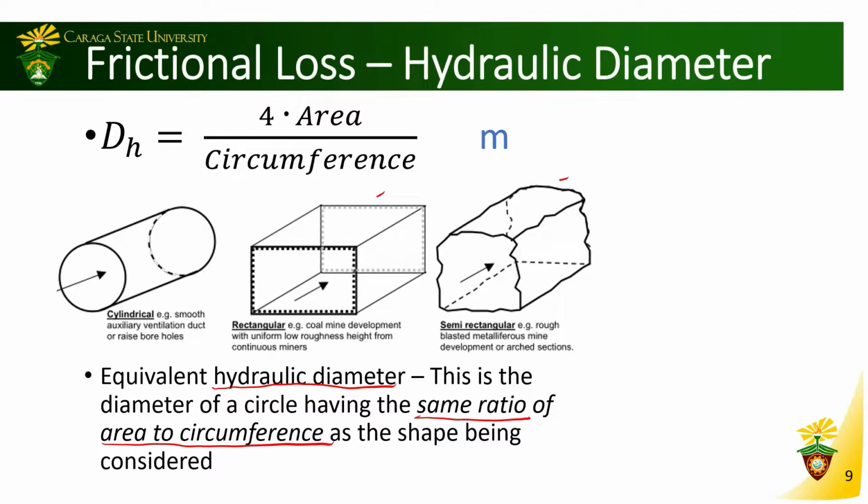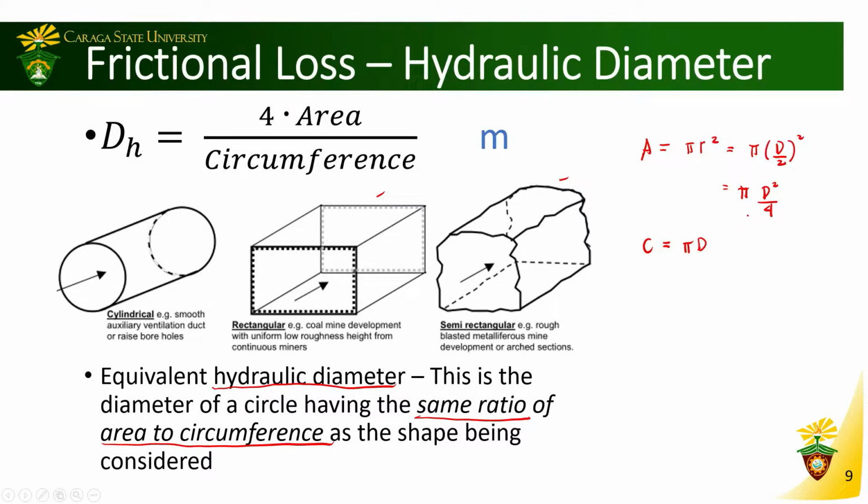So we know that the area of a circle is pi r squared, right? But this is also equal to pi times the diameter over 2 squared. This gives us pi d squared over 4. How about for circumference? The circumference of a circle is just pi d or 2 pi r.